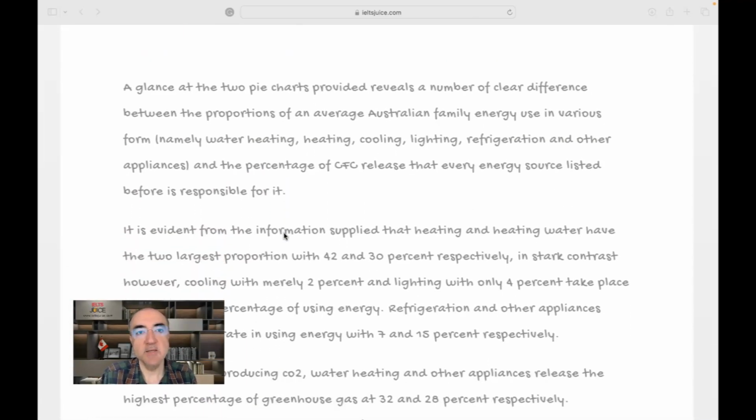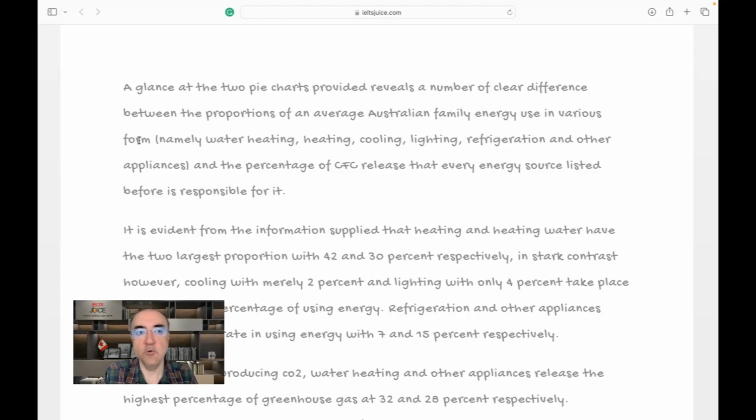A glance at the two pie charts provided reveals a number of clear differences, because a number of is large, it's more than one. It's not just one difference, there's a number of differences between the proportions of an average Australian family energy use in various forms.